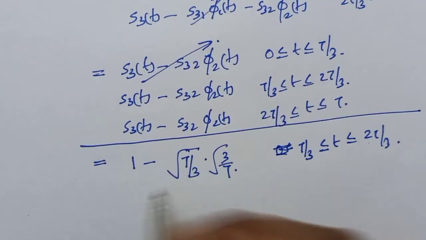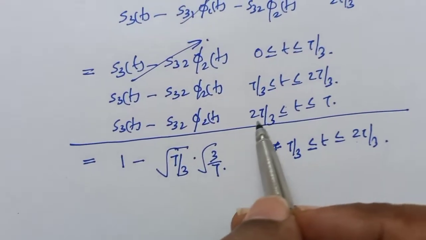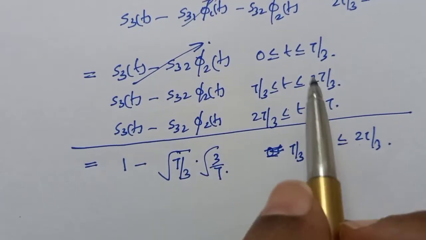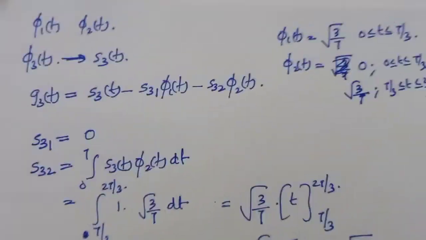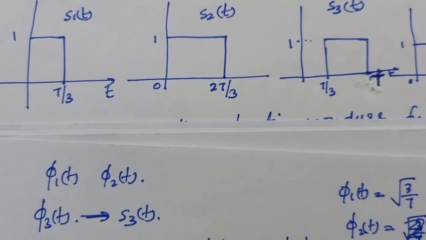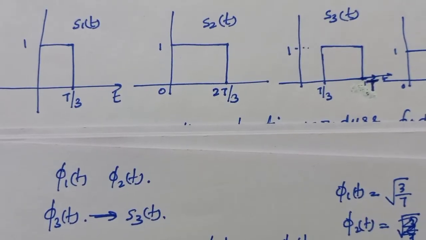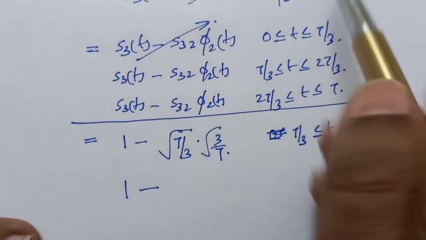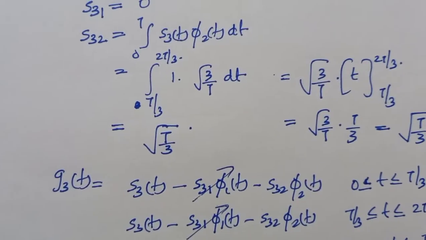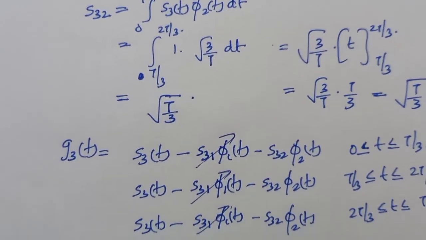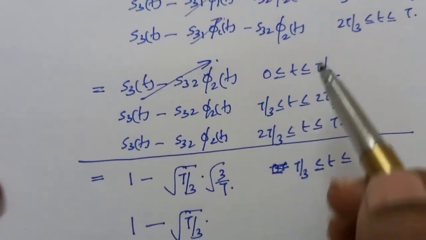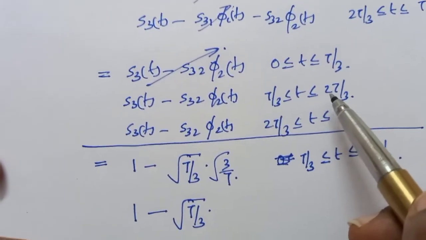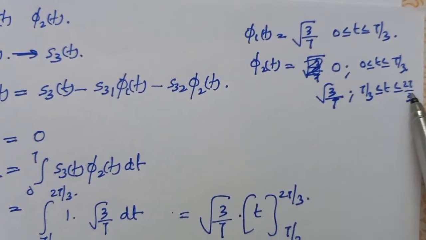So this will cancel again from 2T by 3 to T. So s3(t) is present, so that is 1 minus. Now what is S32? S32 is a constant, right? So that is root of T by 3 into phi2(t). We know that phi2(t) is present only from T by 3 to 2T by 3, right?